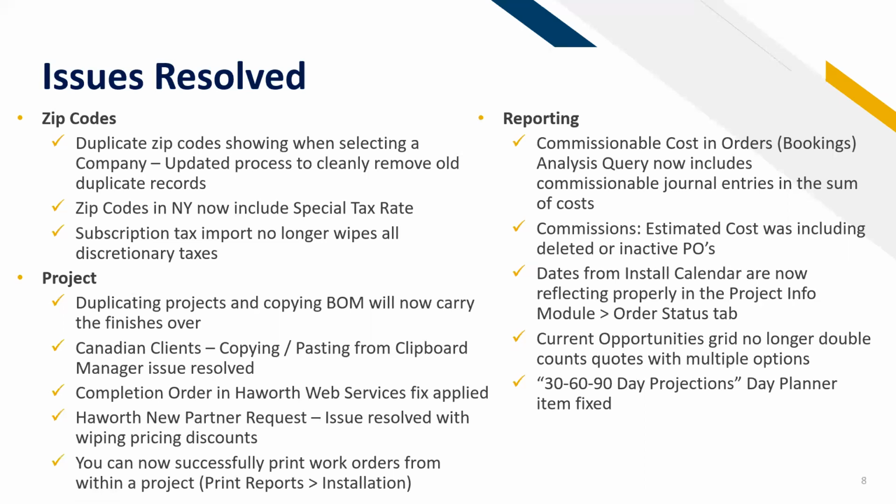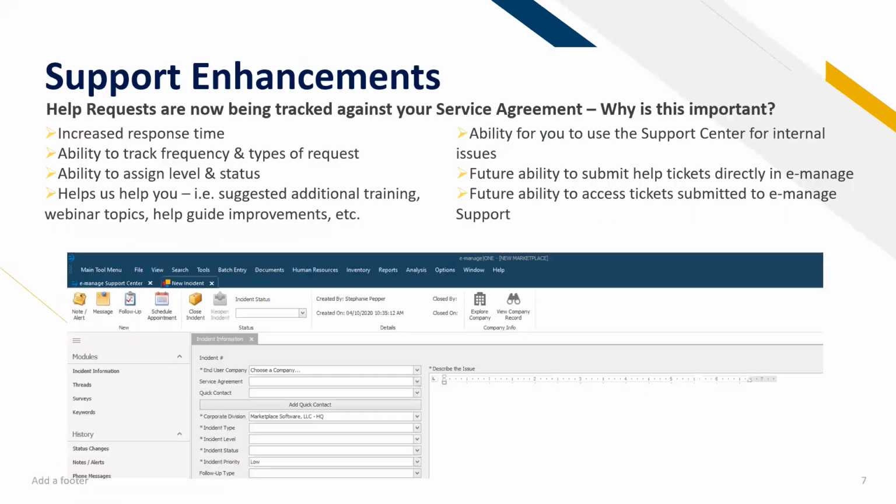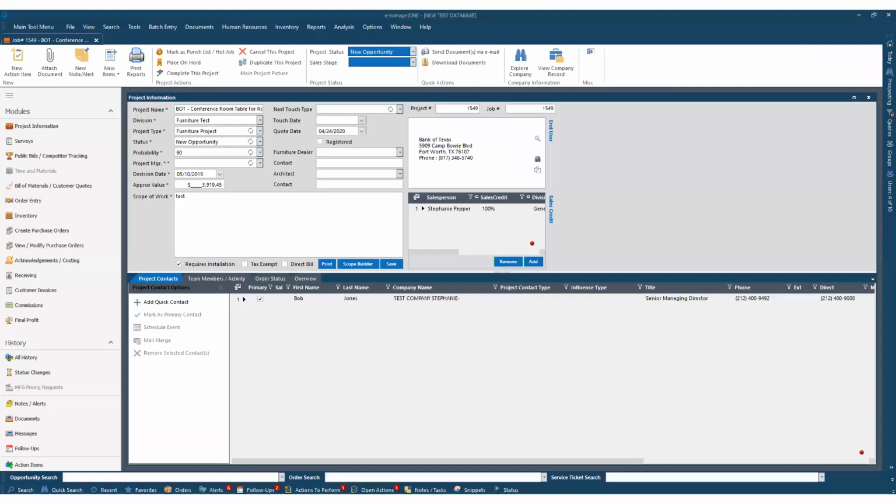And to add on to printing the work orders from within a project, since the UI has been updated, just so you guys are aware of where that's at. You see this print reports on your top ribbon there. If you click that and you hit installation, you can now highlight the day that the item had been added onto the calendar and hit, I believe it says print, but that will actually print the work order from within the project.